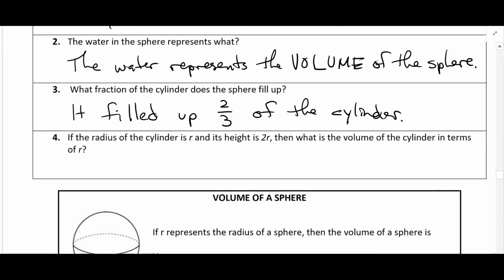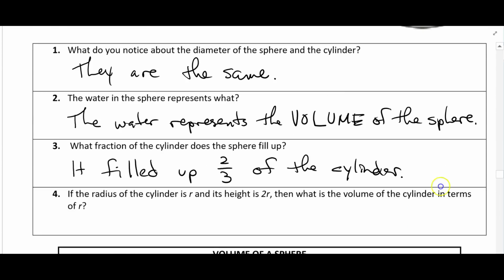So we can use this fact to help us find the formula for the volume of a sphere. So let's start with question 4 here, which you may or may not have gotten. If the radius of the cylinder is r and its height is 2r, then what is the volume of the cylinder in terms of r?